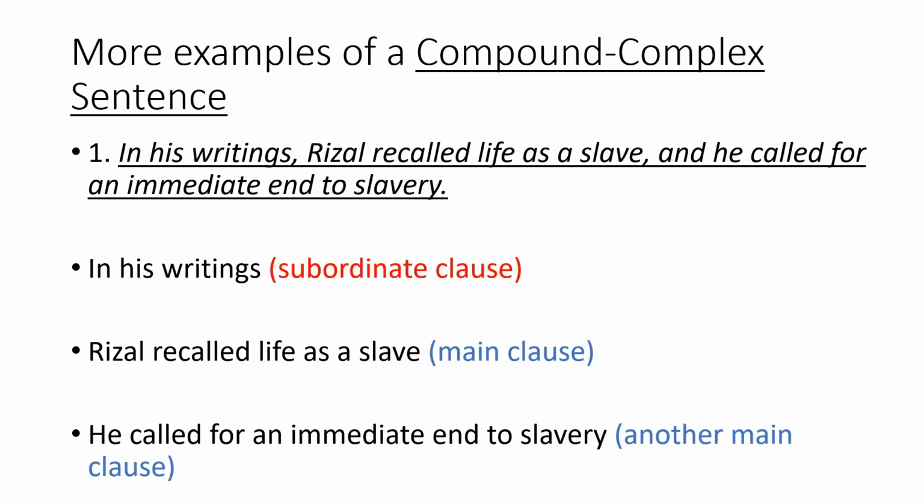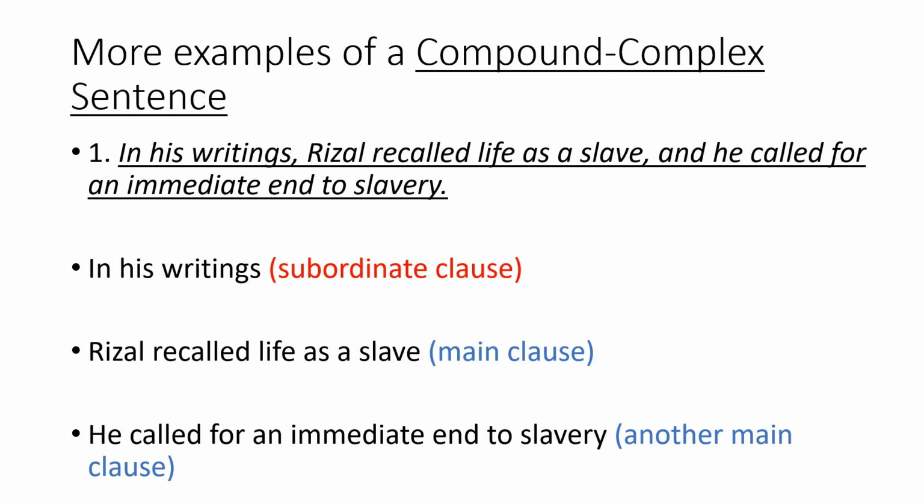This time, let us see more examples of a compound complex sentence. In his writings, Rizal recalled life as a slave and he called for an immediate end to slavery. In his writings is a subordinate clause.